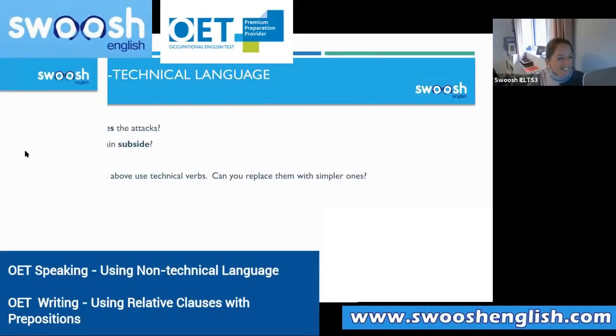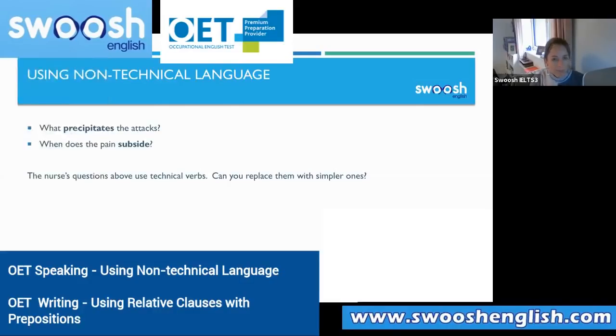Okay, I'll do my best. What precipitates the attacks and when does the pain subside? The nurses' or the doctors' questions above use technical verbs. Can you replace them with simpler ones? Any idea?